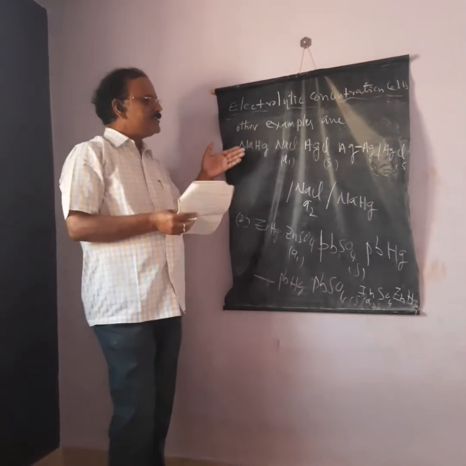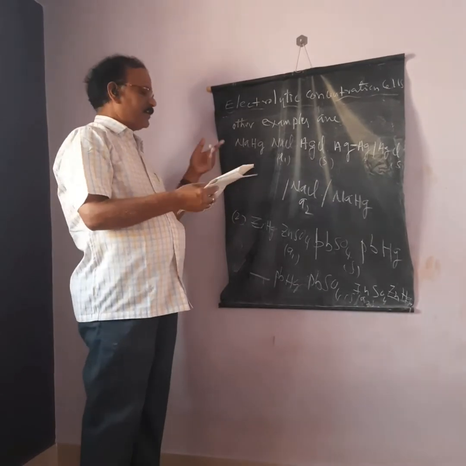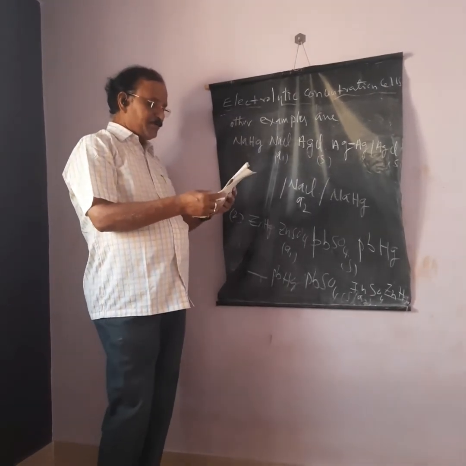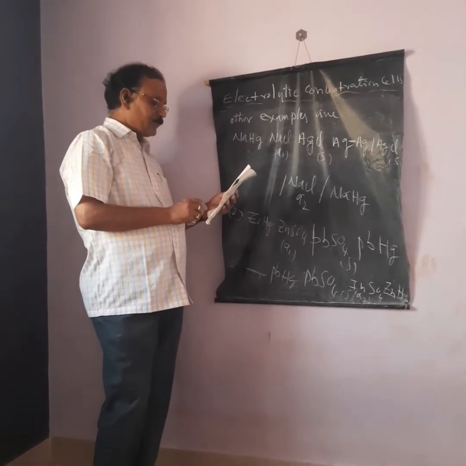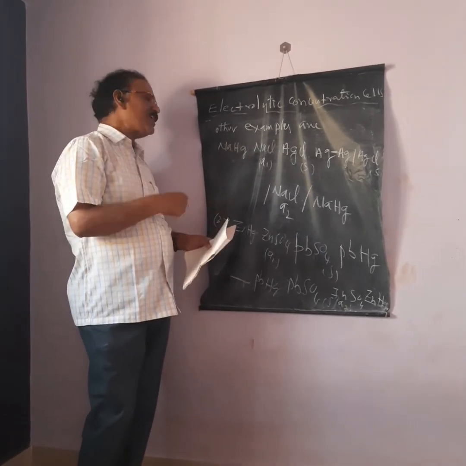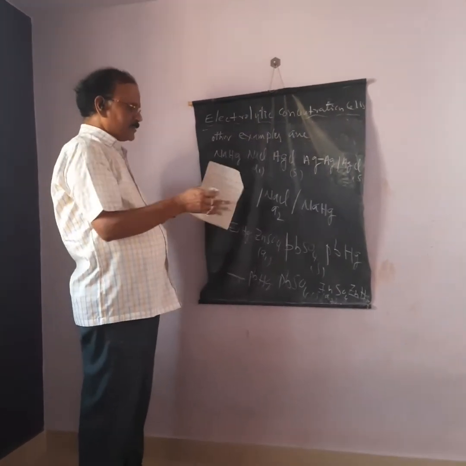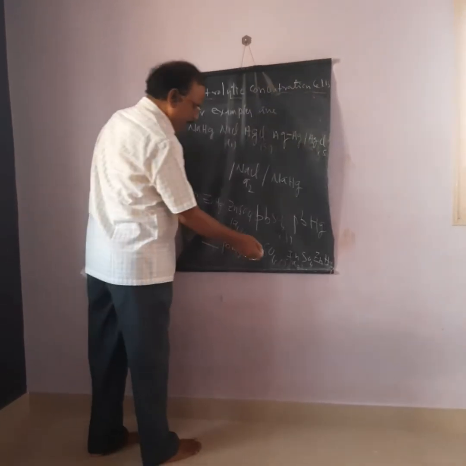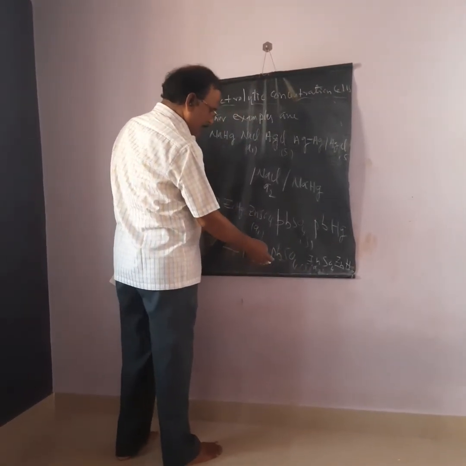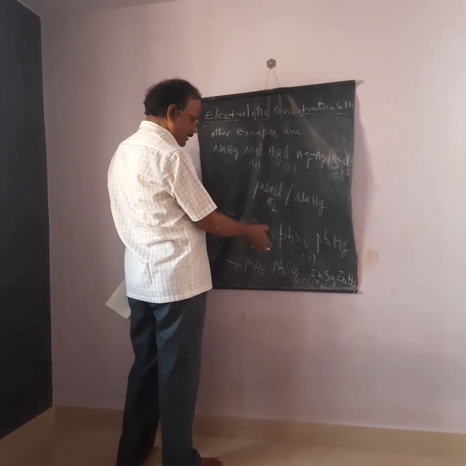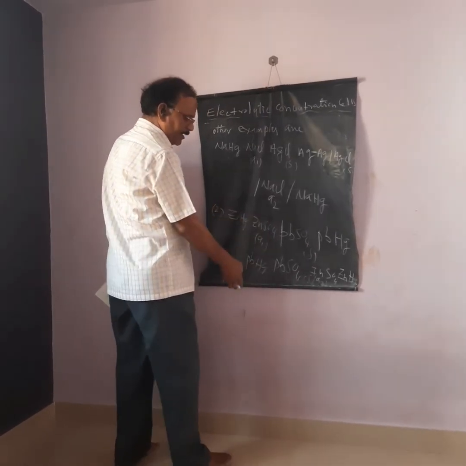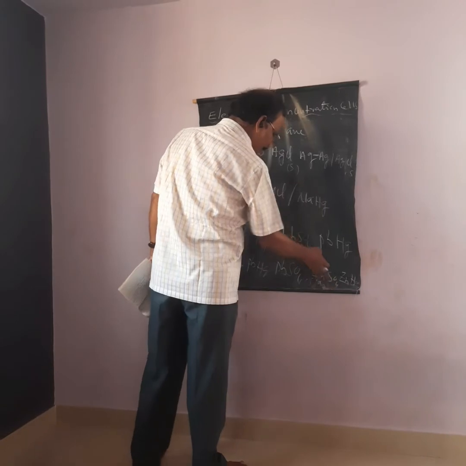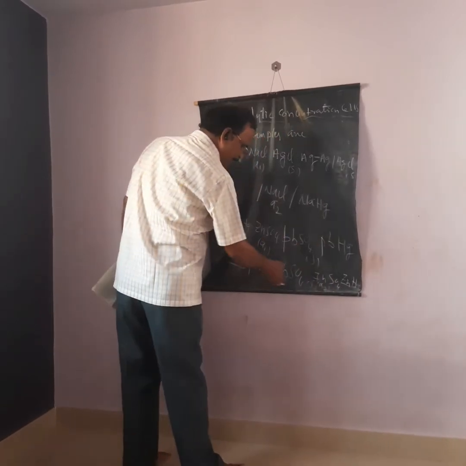So you can write this type of cells. The above examples are concentration cells without transport. Without transport means without liquid junctions; the two liquids are not in direct contact with each other. Here a zinc sulfate solution is separated from another zinc sulfate solution by a mediator.